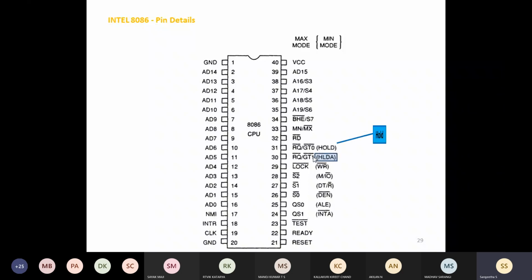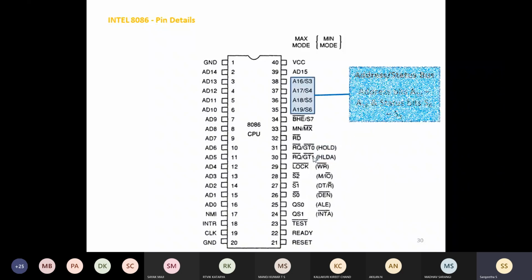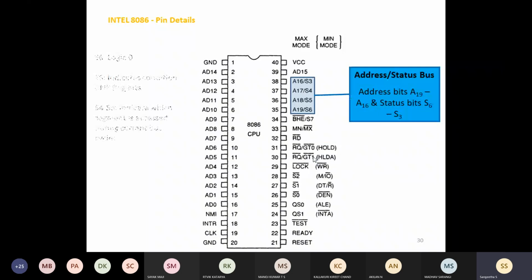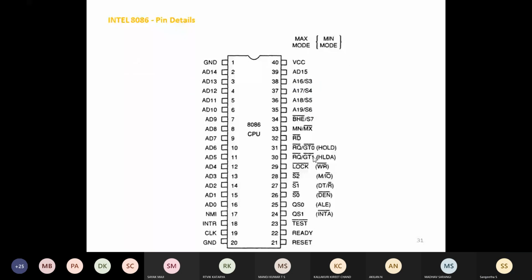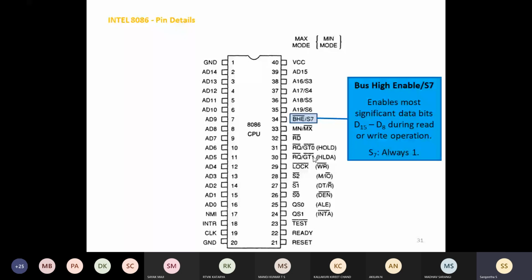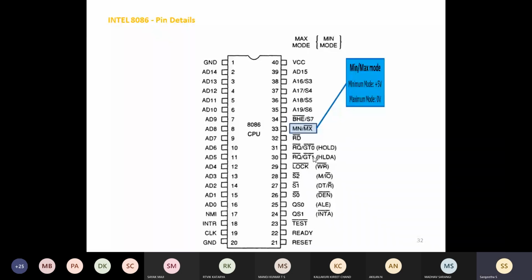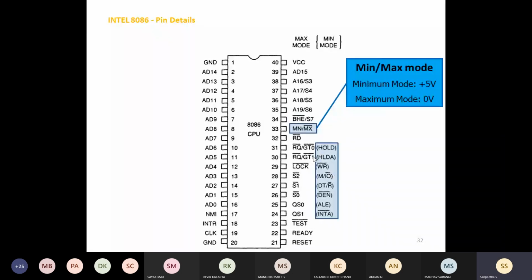Similarly, hold and hold acknowledgement operate in the minimum mode, and the address and status buses are multiplexed. The status bus indicates some functions which are listed there. And this is the bus high enable, which is used for the most significant byte. It is also multiplexed along with the status bus. This indicates which mode it is operating in, based on the voltage.